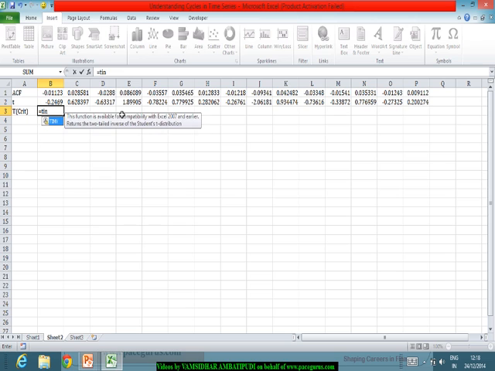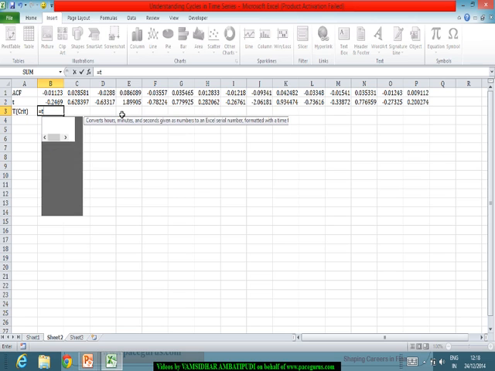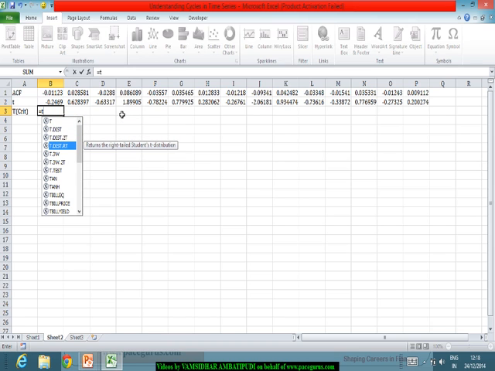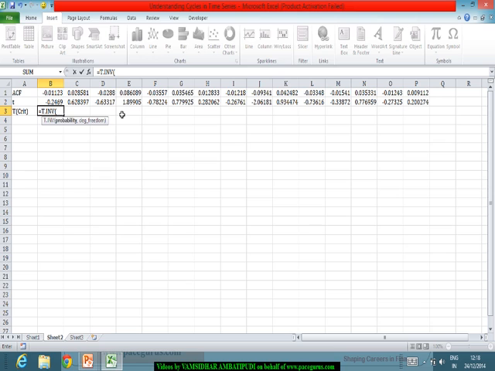So I can take the t critical for 485 degrees of freedom and a 5% level of significance.